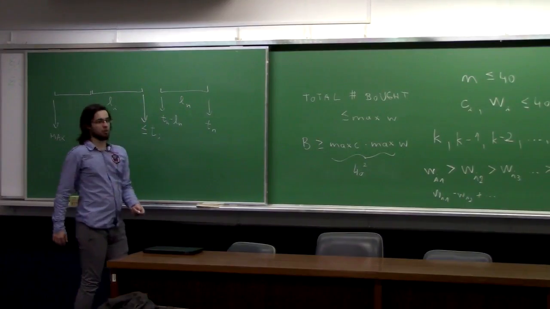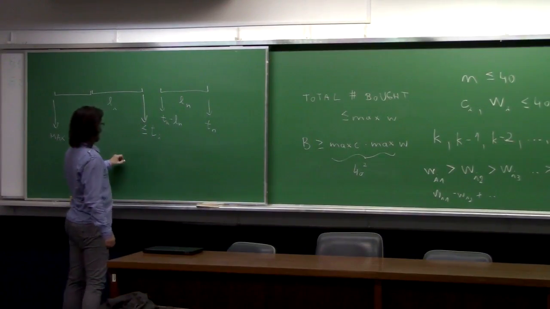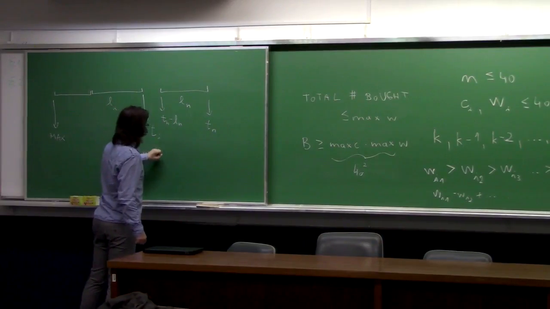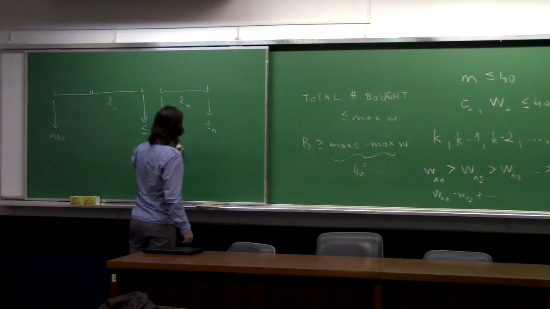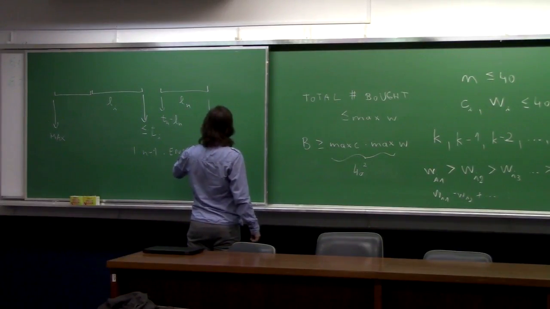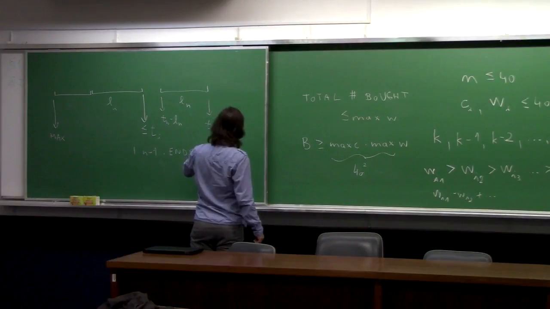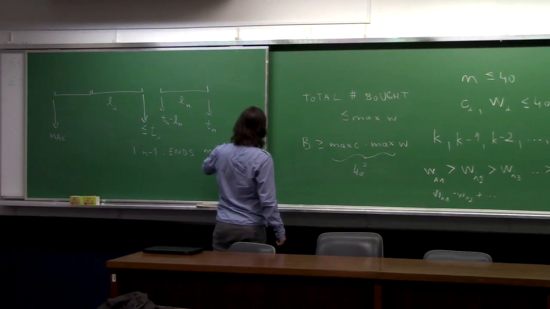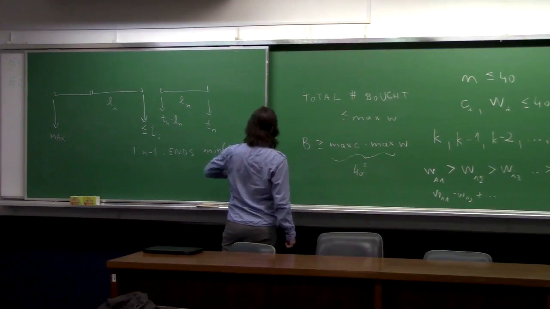So for interval n minus 1, we just schedule it at time min of Tn minus 1, Tn minus Ln.